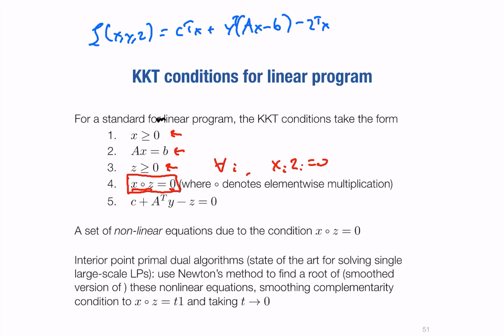So if I take the gradient of this with respect to x, I just get c plus A transpose y minus z. I know this thing has to be equal to 0, given this is my gradient condition on the Lagrangian with respect to x. And remember, this is actually exactly the constraint we had.